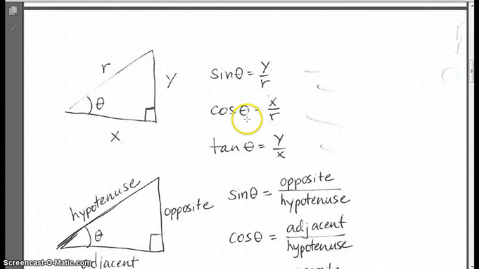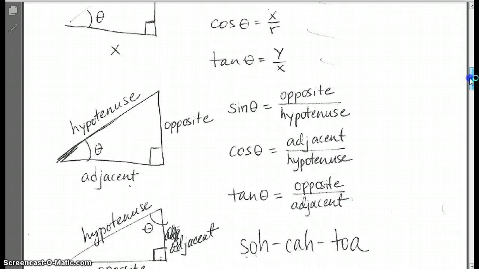So when we talk about the cosine of theta being x over r, x is the adjacent side to theta and r is the hypotenuse. So then we have these relationships that change from x, y, and r to adjacent, opposite, and hypotenuse. And the SOHCAHTOA comes from the first letter of each one of these. So sine, opposite over hypotenuse, SOH; tangent, opposite over adjacent, TOA. And so that's where that comes from.